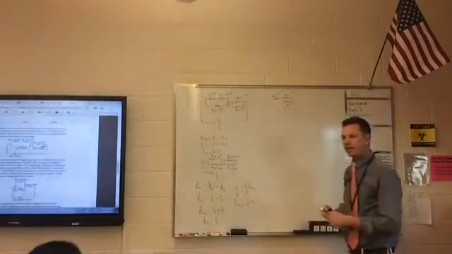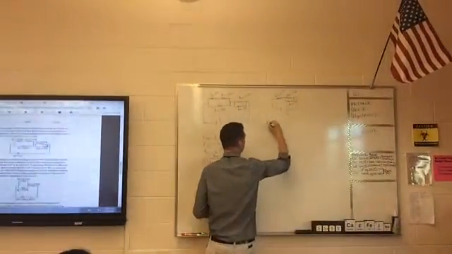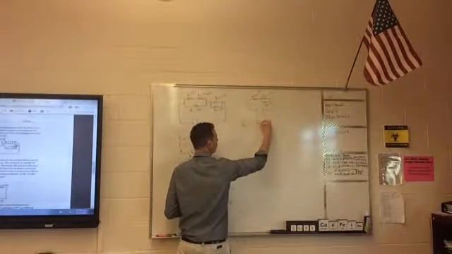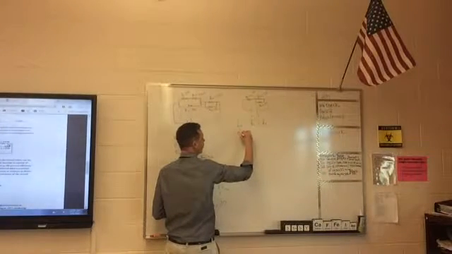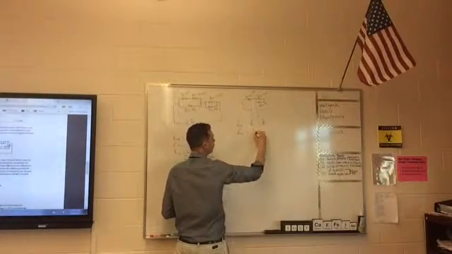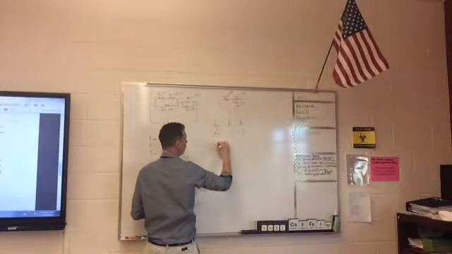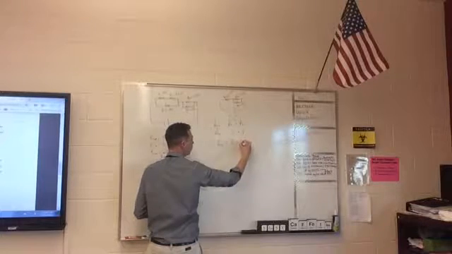Now the next step is to combine R4 and R5 together. They are in parallel, so we do 1 over R45 equals 1 over R4 plus 1 over R5. 1 over R45 is equal to 1 over 4 plus 1 over 1, which I'm going to turn into 1 over 4 plus 4 over 4.